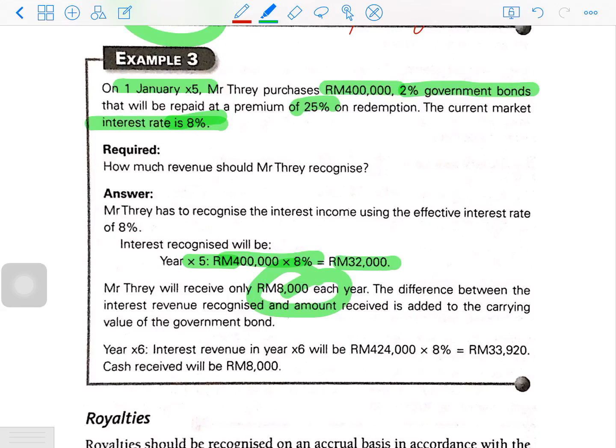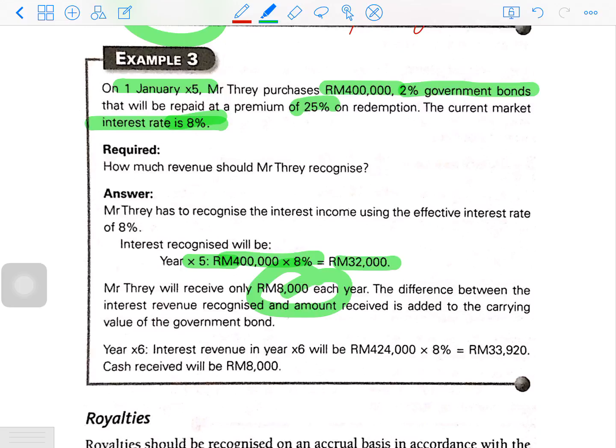Interest revenue in X6 will be 424 times 8%. Cash received will be 8,000. To 400 times premium is 24.